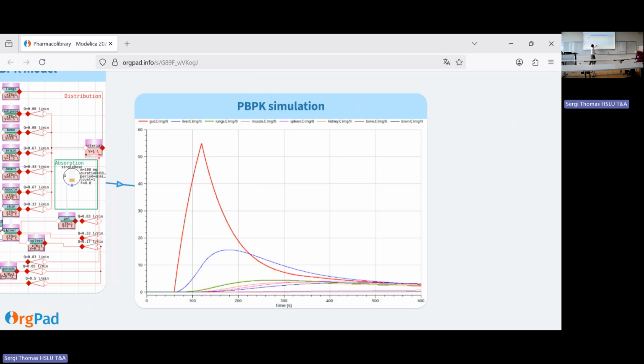So you see that in other tissues, the concentration is not going so high, but the liver can also be affected by side effects. So some drugs are designed to not harm the liver or other tissues.